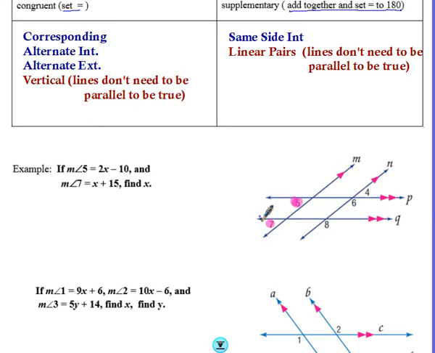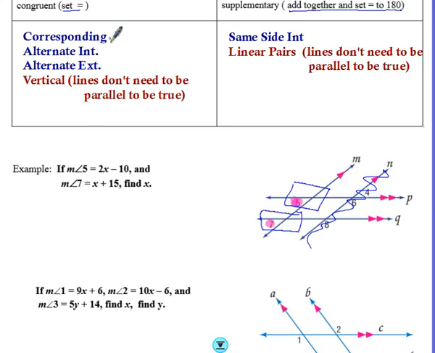So if I look here, I'm mainly focused on this set of four corners and this set of four corners. This stuff over here really isn't helpful for me right now. So angle 5 and angle 7 are in the same position. Bottom left corner, bottom left corner. So those are corresponding angles.